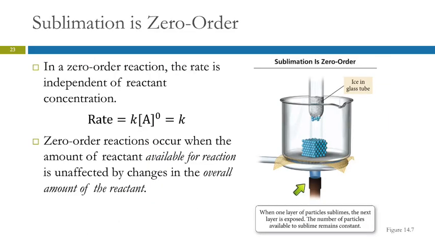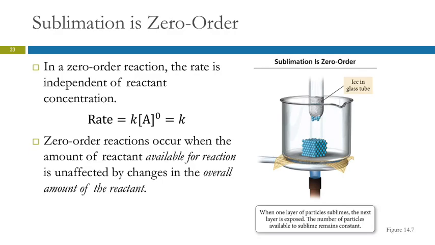This is an example of a 0 order reaction. Here we have the sublimation of something. Sublimation, remember, is the transition between a solid directly into the gas state without melting. The rate of this sublimation occurring really only depends on how many particles are on the surface of this substance.